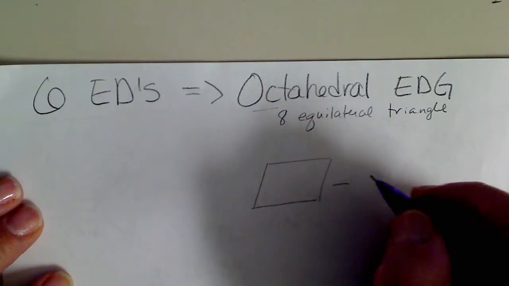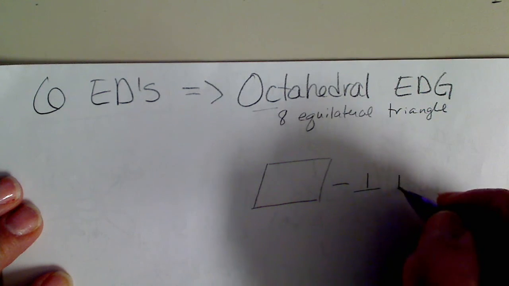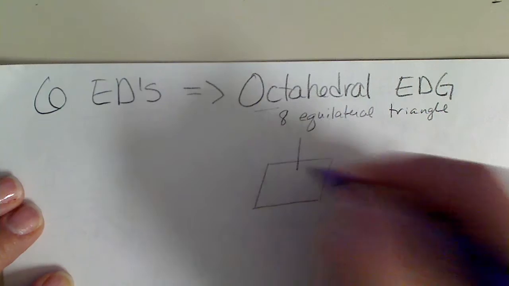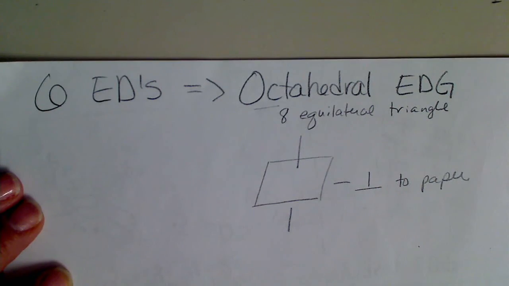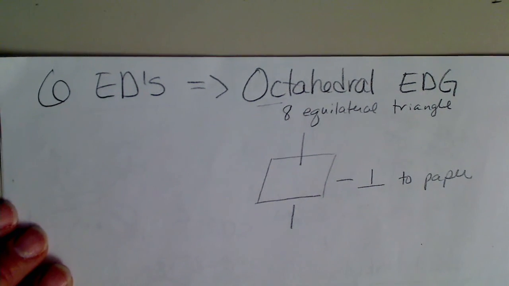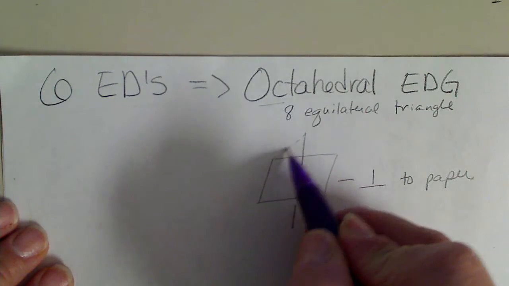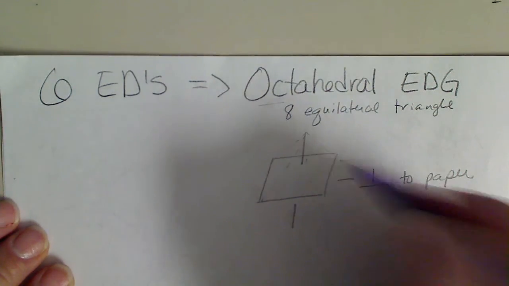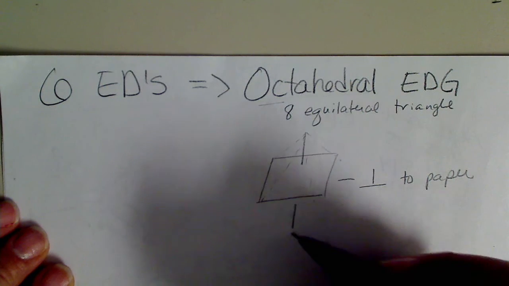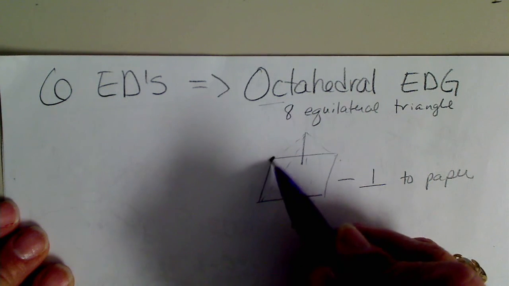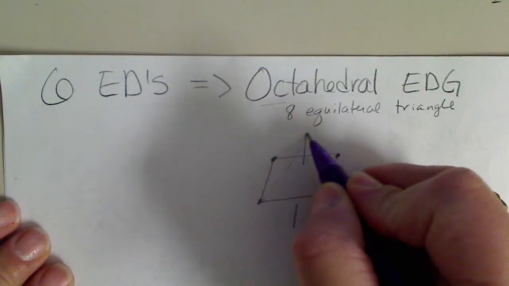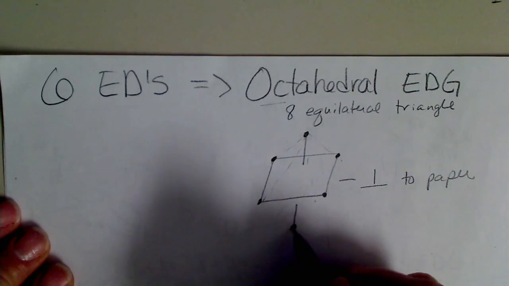So this would be perpendicular to the paper, and then an atom, or an electron group, directly above and directly below. If I was a good artist, I could actually draw the octahedron, and we would see that there are 6 vertices, a vertex on each corner of this square, and then one above and one below.